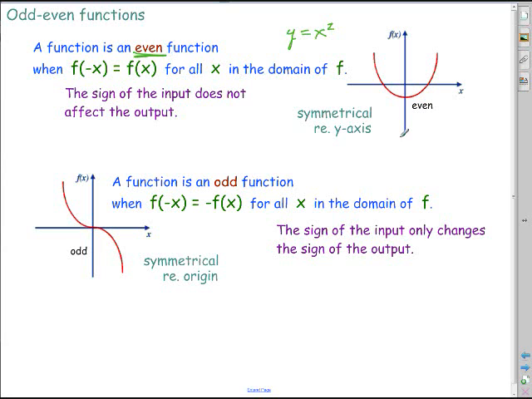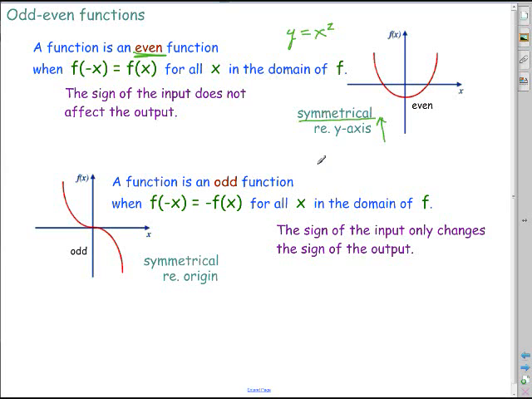You can recognize it graphically because it is symmetrical with regard to the y-axis. Just the same on this side as it is on this side. An odd function, if I put a negative input in, my result will be the same as if I had put in a positive one, except the whole thing is negative.